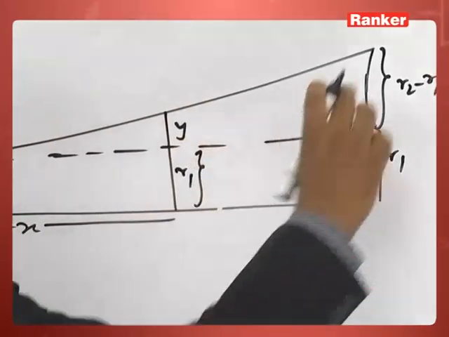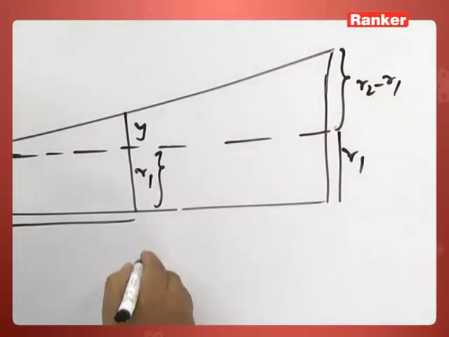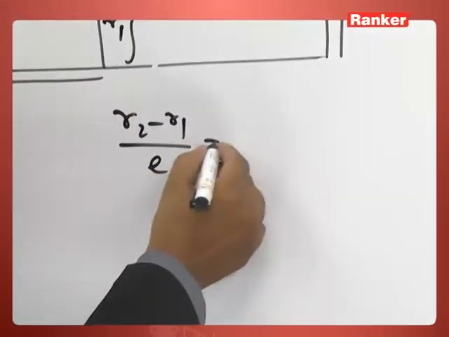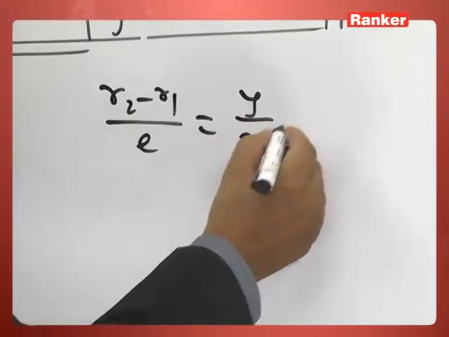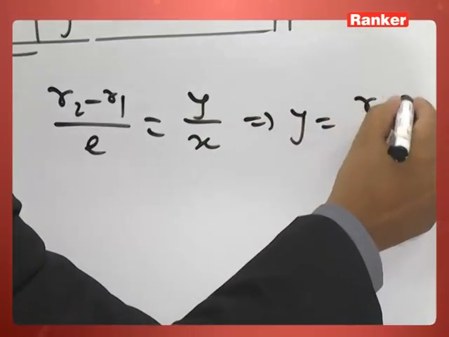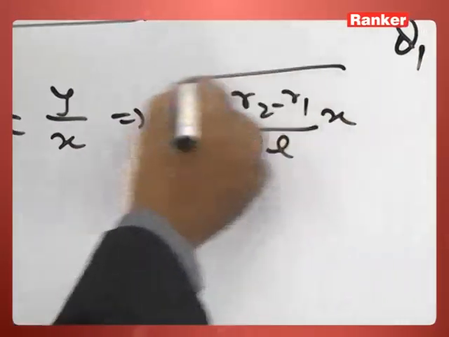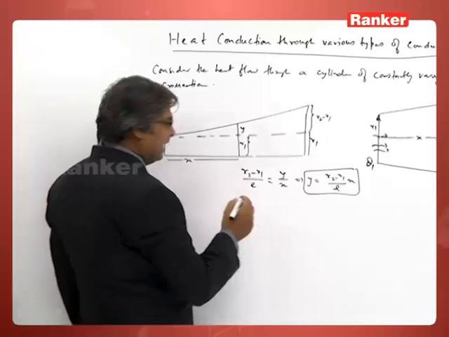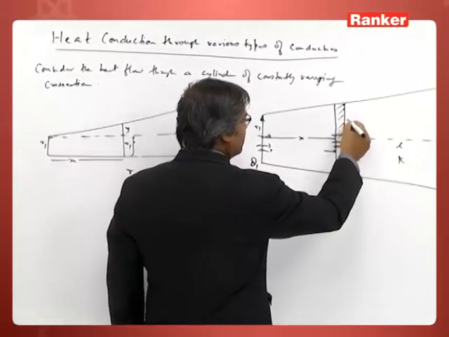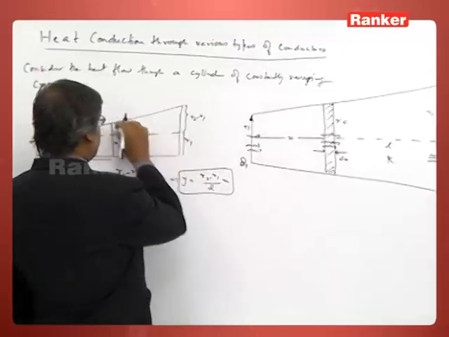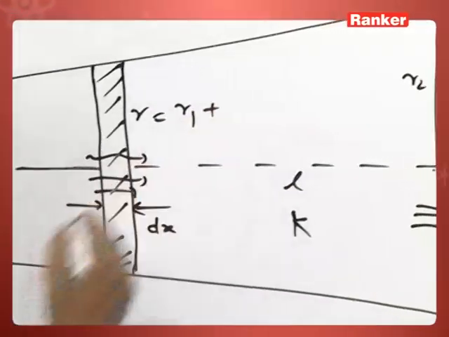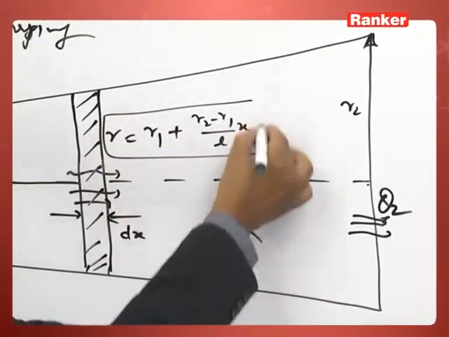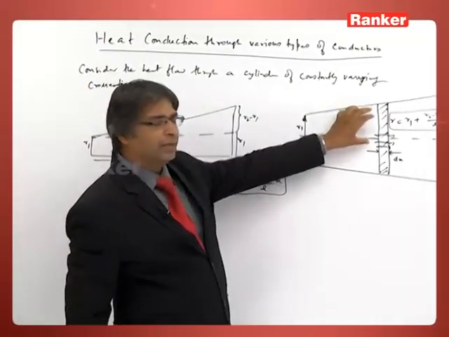Suppose this is y, I can write by similar triangles, R2 minus R1 by total length L is equal to y by x, which implies y is equal to R2 minus R1 by L into x. Thus the radius R here will be R1 plus this y, that is R1 plus R2 minus R1 by L into x. This is a very important point, the radius at this element.